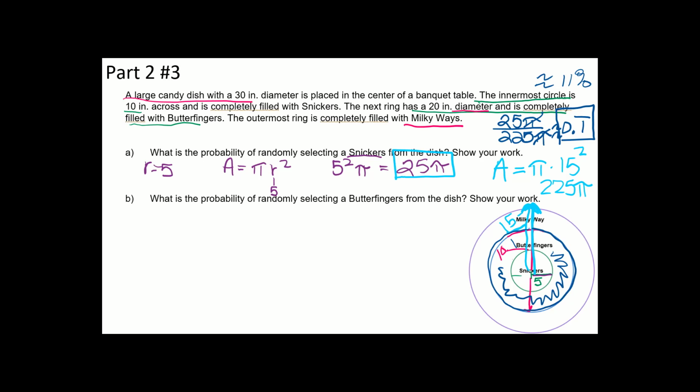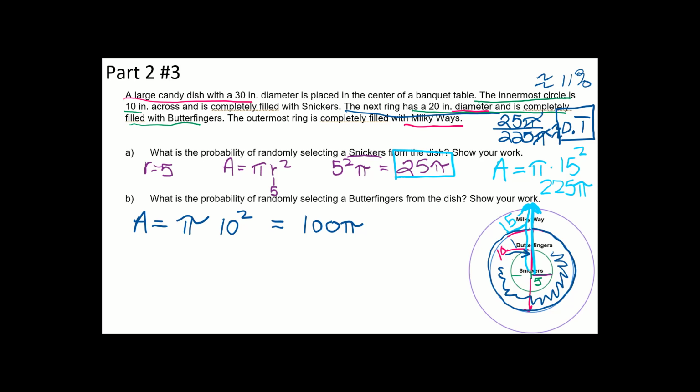And we said that the radius is going to be this here, 10, because we said the next ring has a 20-inch diameter, half of that was 10. So the total area is pi times the radius, which is 10 squared, or 100. 10 times 10 is 100 pi.